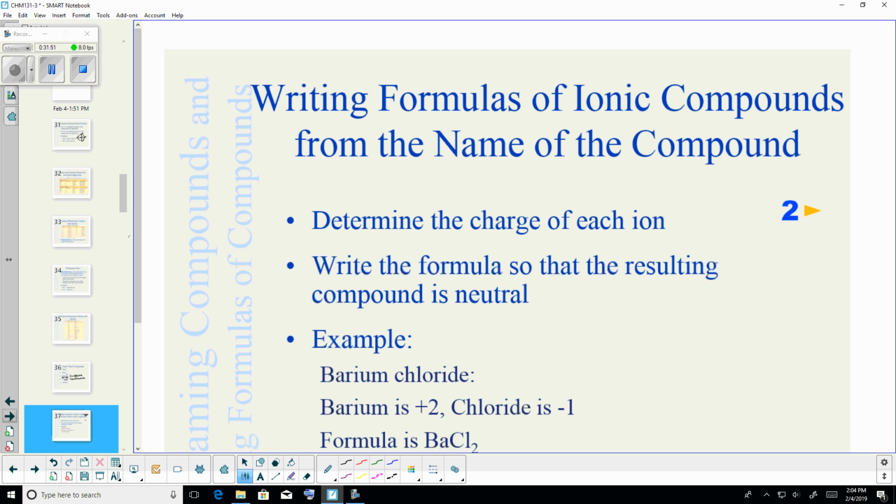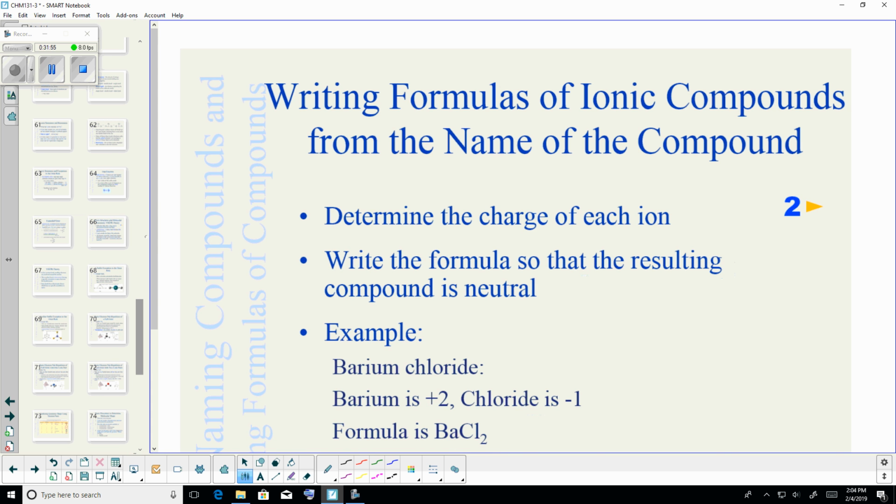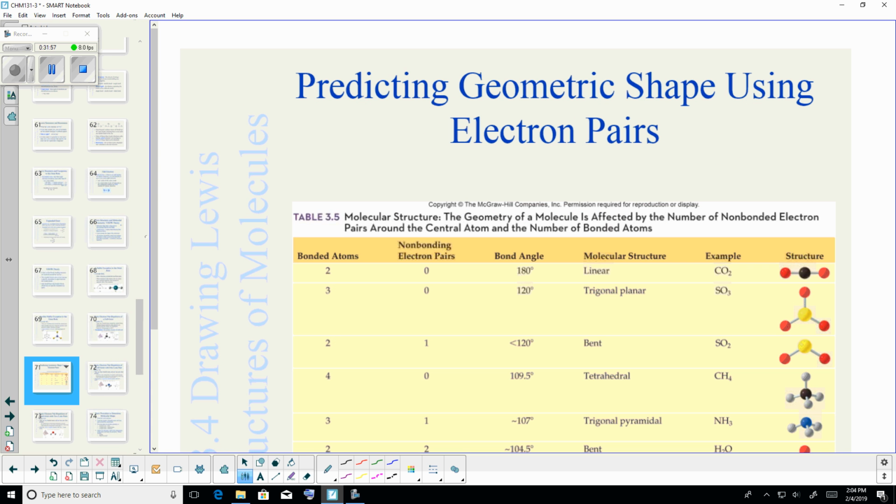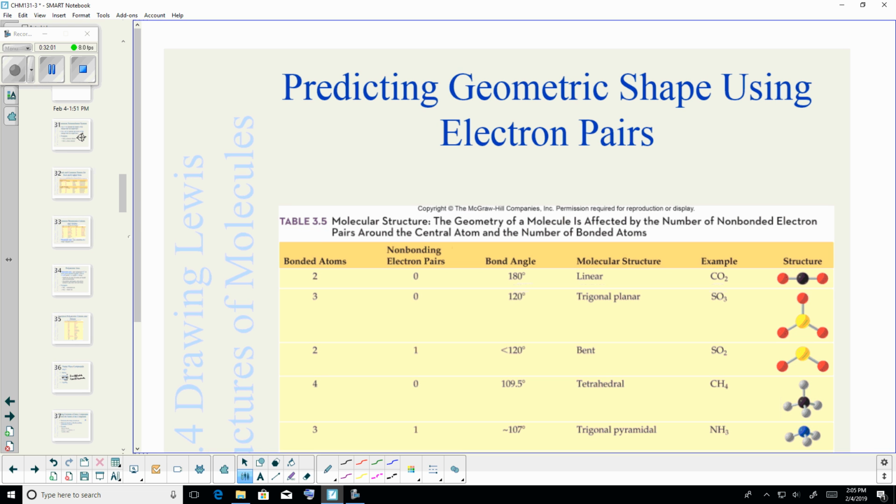So writing formulas from the name. So, okay. What did I just do?